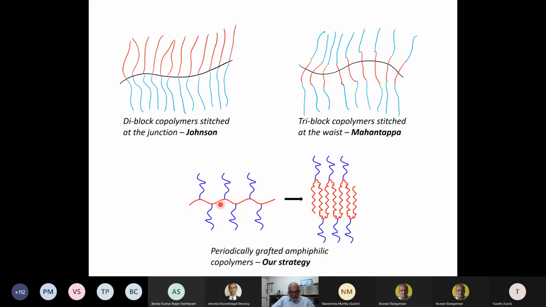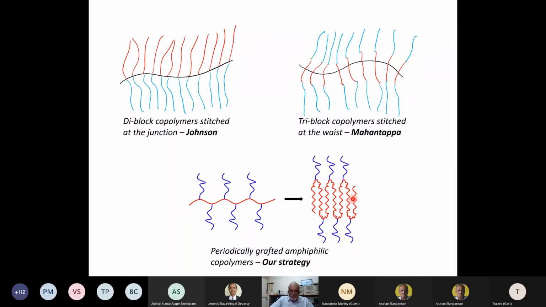What we will show you very quickly is that when the length of the segment is large enough and it strongly dislikes the blue segment, then one way that this chain can avoid contact between the red and the blue segments is to fold in a zigzag fashion, so that it collocates all the red segments at the center and throws out the blue segments on either side of this chain. So this is an alternate strategy.